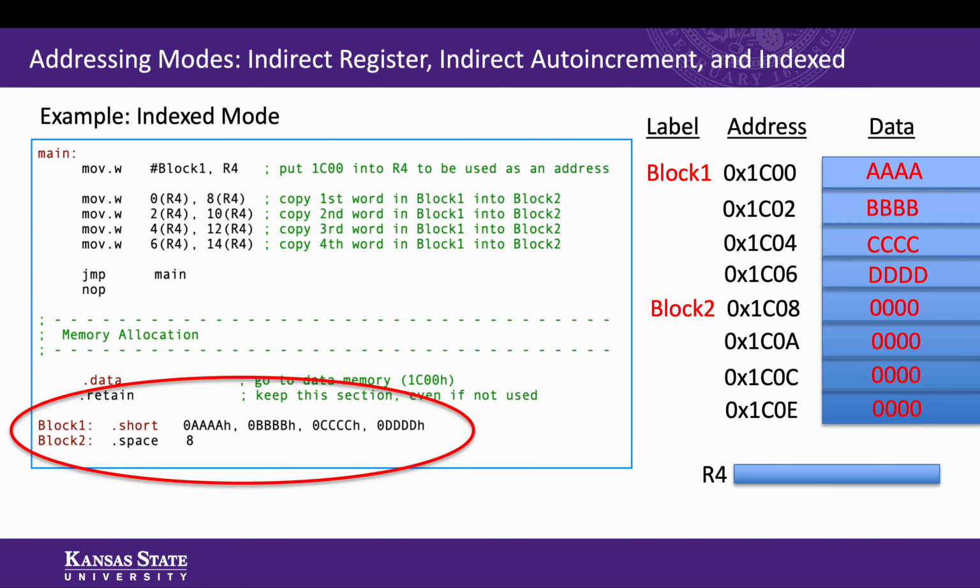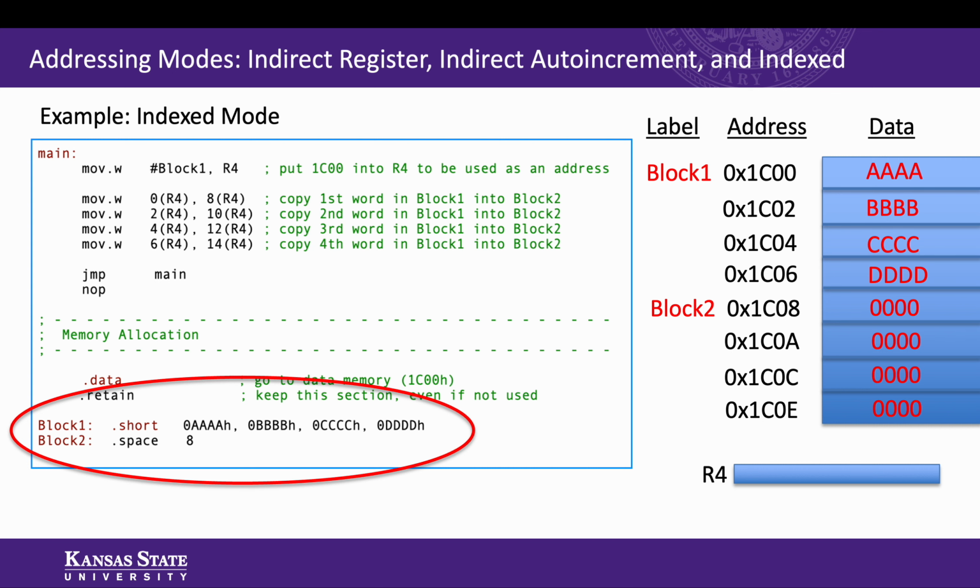Okay, in this example, let's look at the bottom, memory allocation. So I'm going to define two blocks now. I'm going to define block 1, which is a label for address 1C00. And I'm going to store data AAAA at 1C00, but then BBBB in the next available slot, which is 1C02, CCCC in the next available, DDDD in the next available.